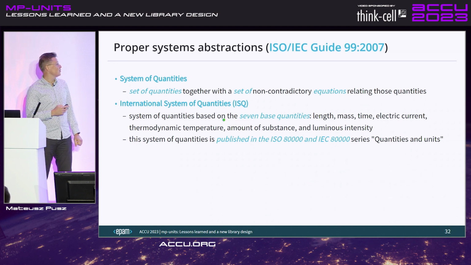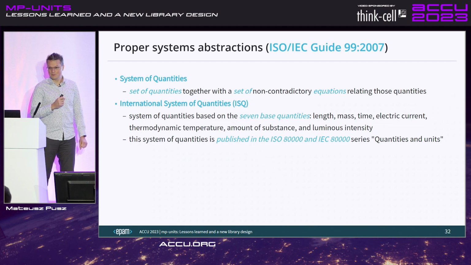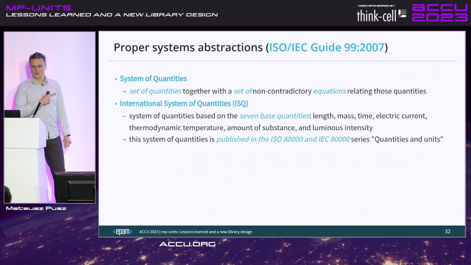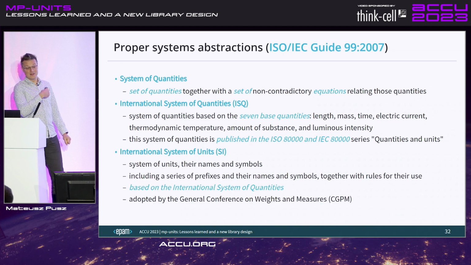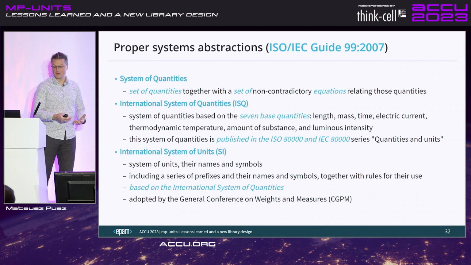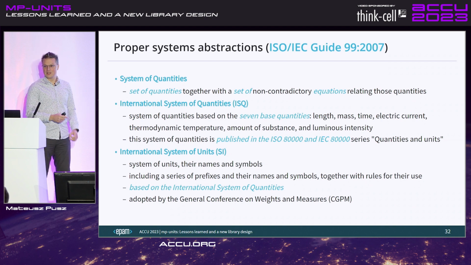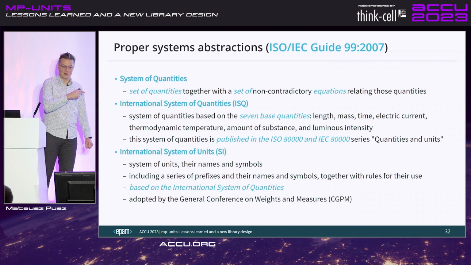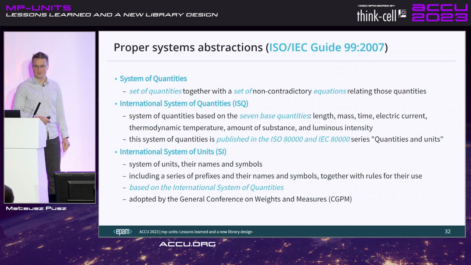It's a system of quantities based on the 7 base quantities: length, mass, time, electric current, thermodynamic temperature, amount of substance, and luminous intensity. Should sound familiar, right? But this is only about dimensions, not units. And then we have SI that provides units for a specific system, and it is officially stated in the ISO guide that it's based on the International System of Quantities. And also in the SI brochure, you can find out that they refer to ISQ as the base for their definitions.